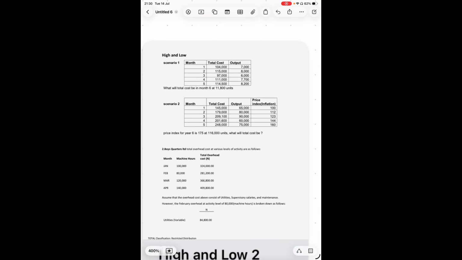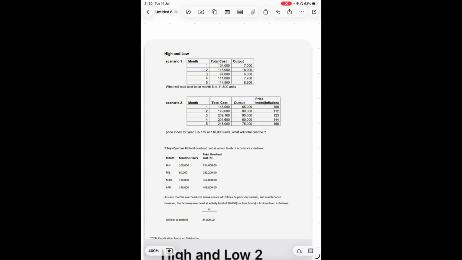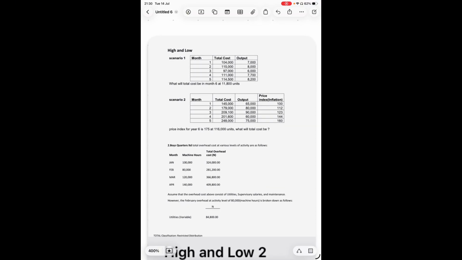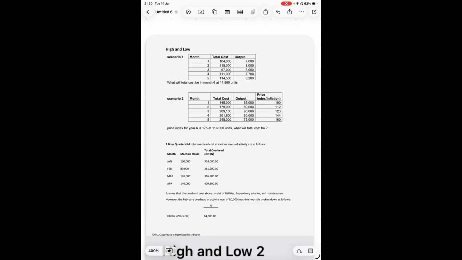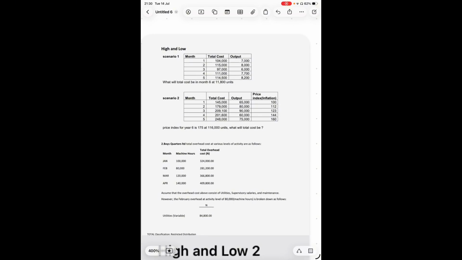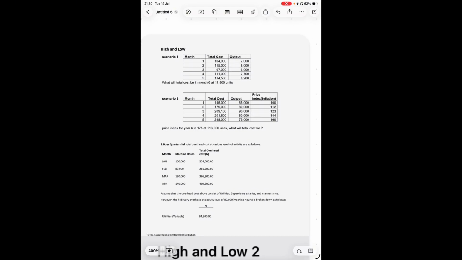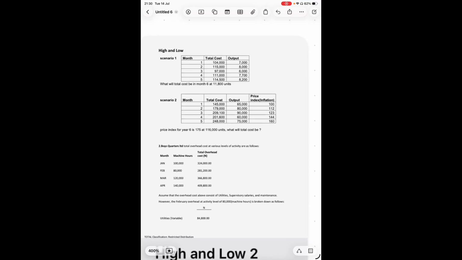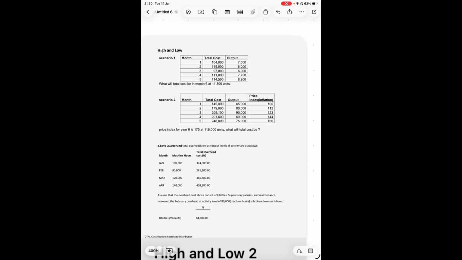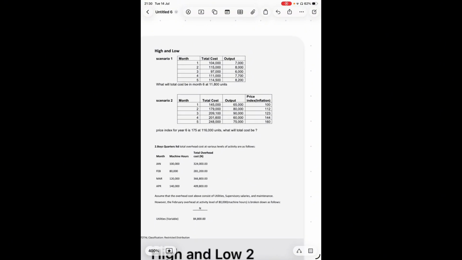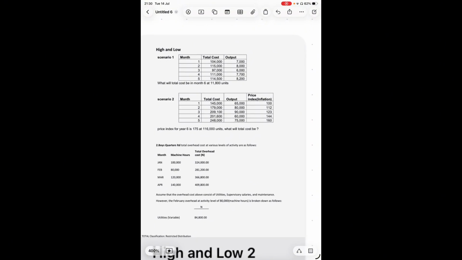I hope we can see this. You can always pause, have this question recorded, or write it down if you want. In this first scenario, we are given several months, 1 to 5, with total cost and total output.